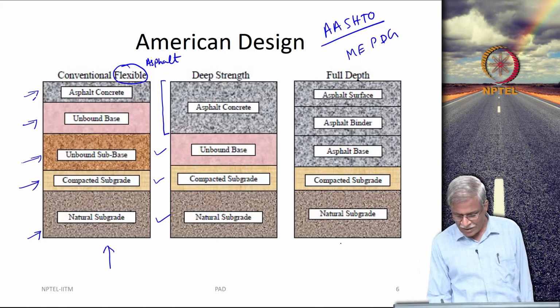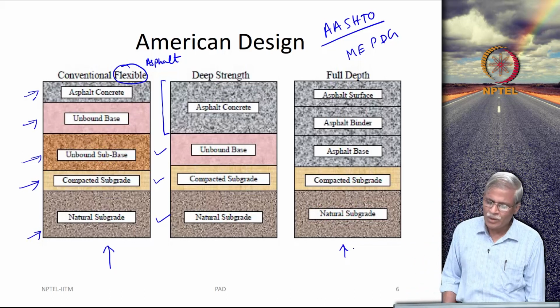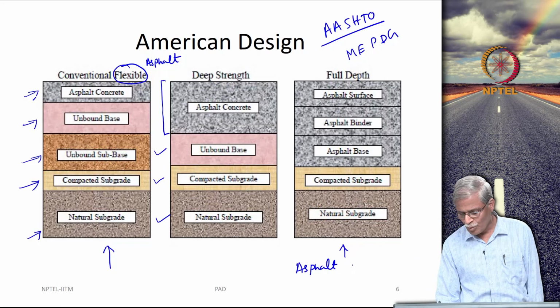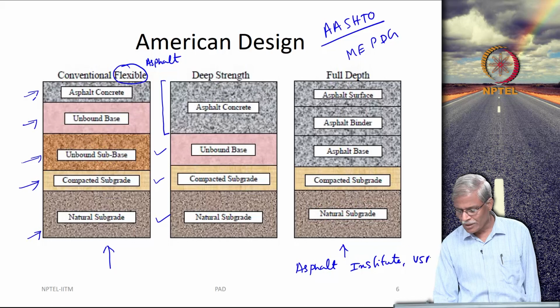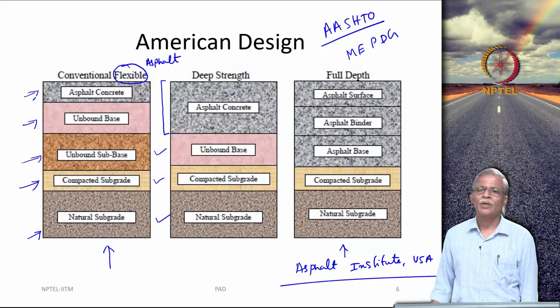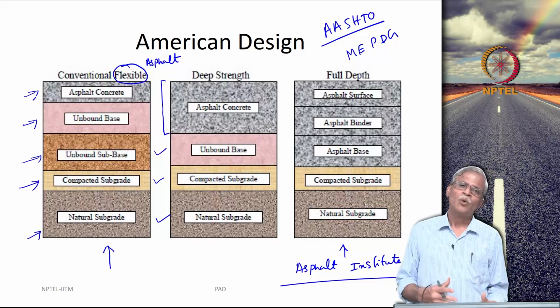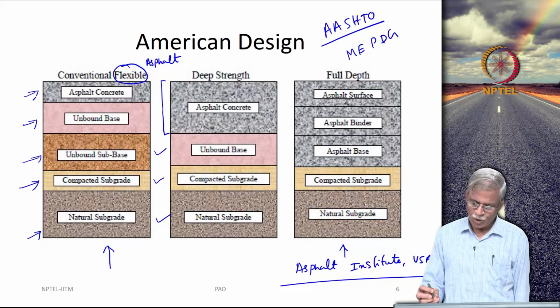In addition, of course, you have what is really called as a full depth pavement, and such kind of pavement were propagated by Asphalt Institute of United States. So, this is a non-profit organization which is basically promoting the asphalt related products. So, you will see that everything is asphalt.